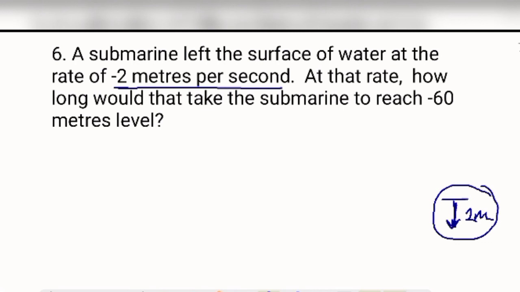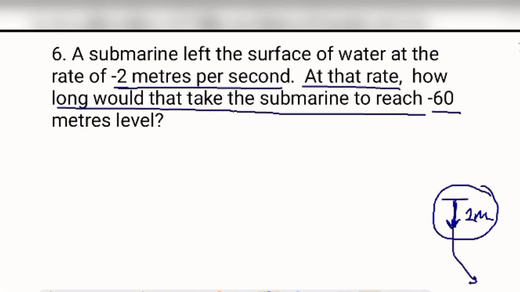Okay. At that rate, how long would it take the submarine to reach the -60 meters level? That means they want to move the submarine till the level 60 meters. वो 60 meter down move करना चाहते हैं submarine को. Okay. And its speed is 2 meters.